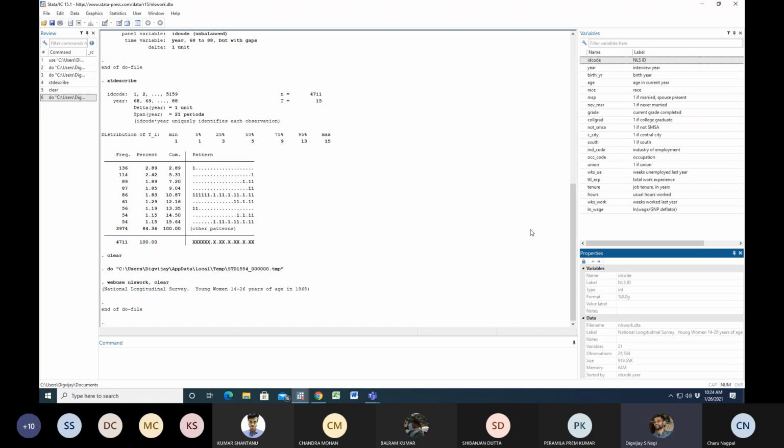It has collected data on their age, their race, whether they are married, what kind of education they have, where they are employed, whether they are members of labor unions, their work hours, their tenure, and finally their wages.